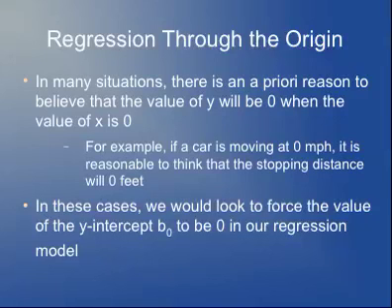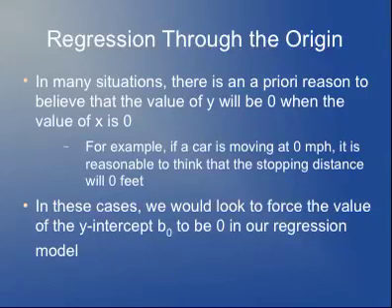In many situations, you may have a reason to believe that the value of y will be 0 if x is 0. For example, in the cars example that I've been using for the last couple lectures, if a car is moving at 0 miles per hour, it seems reasonable to think that the stopping distance will be exactly 0 if you slam on the brakes.